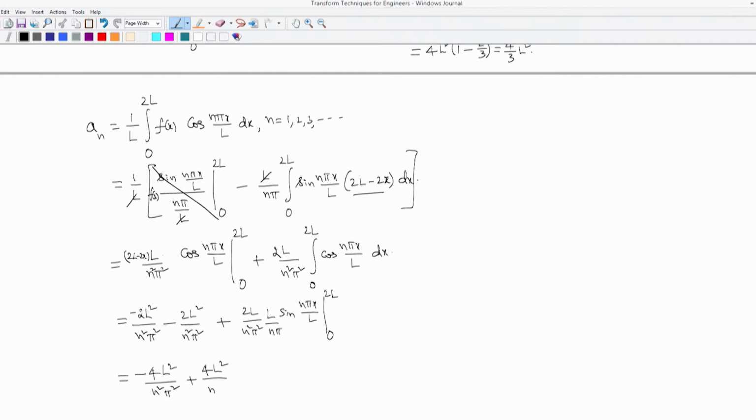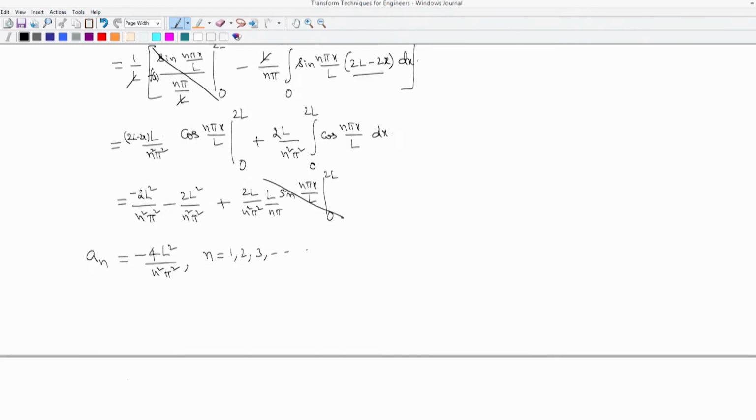So, here n cube pi cube, and sin of 2 n pi is 0. So, actually this is 0. So, no contribution here. So, this is exactly what you get for A n's. A n's are non-zero here.